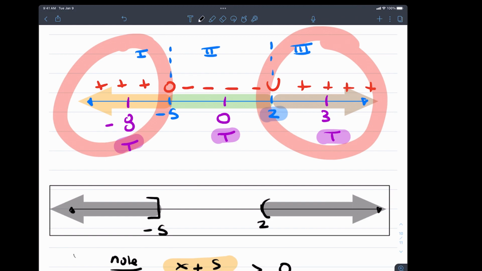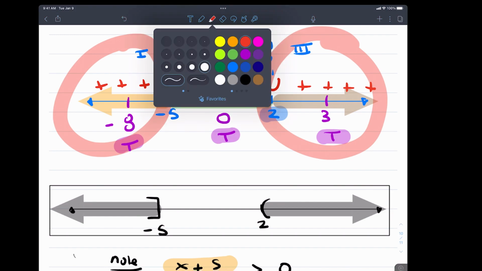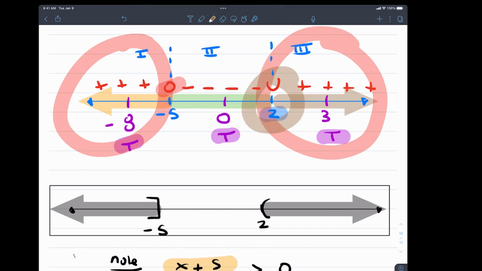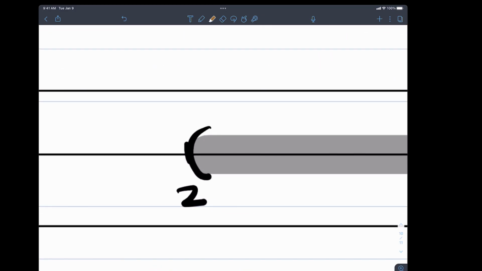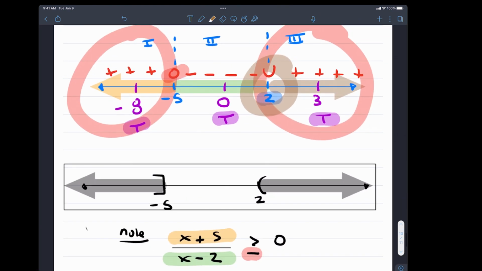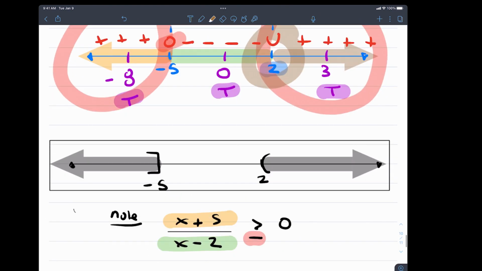Because this is where the fraction includes 0. But what about 2 over here? What do you guys think around that 2? If it's undefined, do you put a bracket around the 2? Say no, you don't. Okay. So there it is.